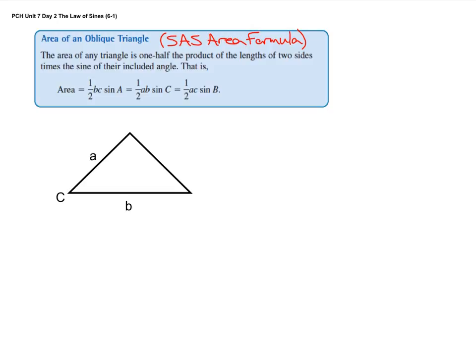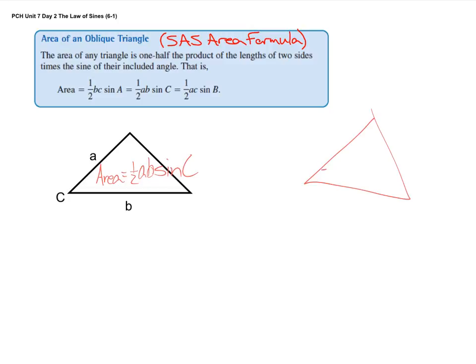So SAS Area Formula, you'll notice we end up doing 1/2, because 1/2 base times height, right? 1/2 BC sine of A. Or using this right here, the base would be B, and you'd have A times B times the sine of C. So area equals 1/2 AB sine of angle C. This is the same thing that we did on that previous problem.